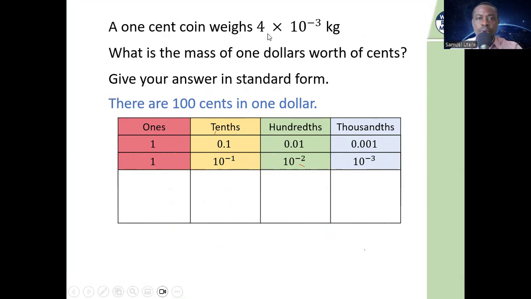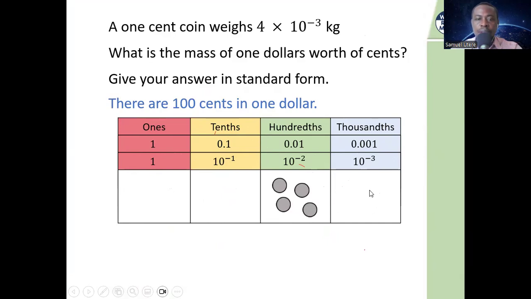Okay, we have 4 lots of 10 to the power negative 3, so we put 4 counters there. But take note that we need to multiply by 100. Well, if we multiply 4 thousandths by 10 in the first instance, we're going to get 40 thousandths. But if we exchange 10 thousandths for 1 hundredth, we're going to have 4 counters in the hundredths place.